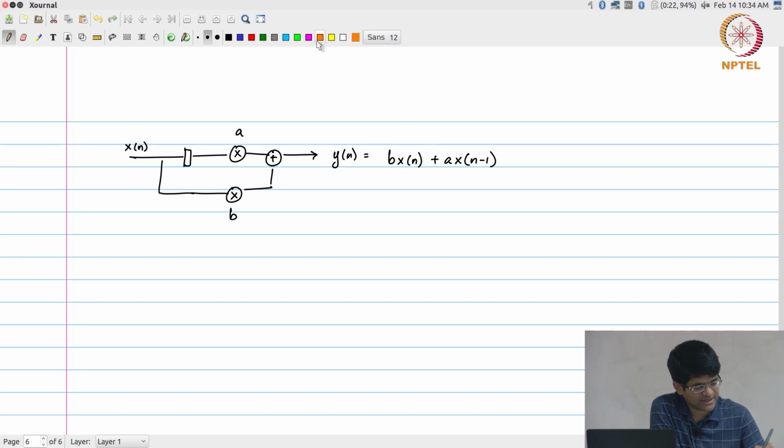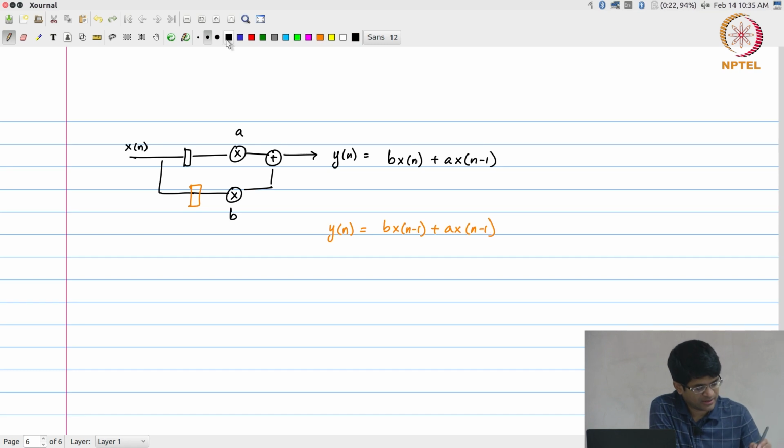Now, what happens if I just arbitrarily introduce one register over here alone? This changes the equation to y of n equals b x of n minus 1 plus a x of n minus 1. This is a fundamentally different filter, right. I have changed the entire notion of what its transfer function looks like, so I cannot do this.